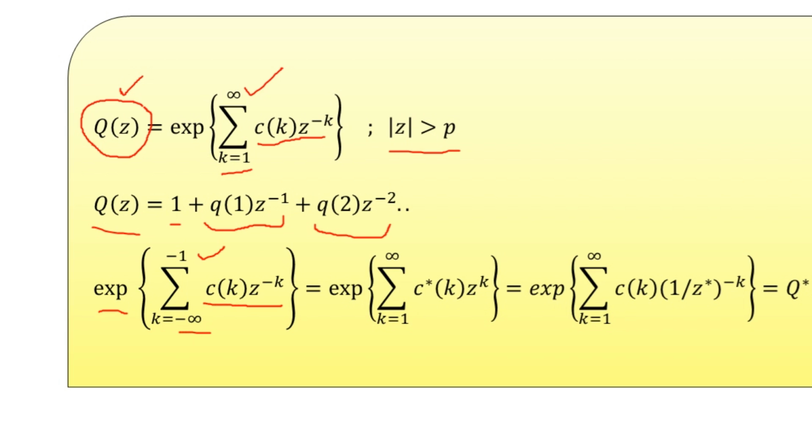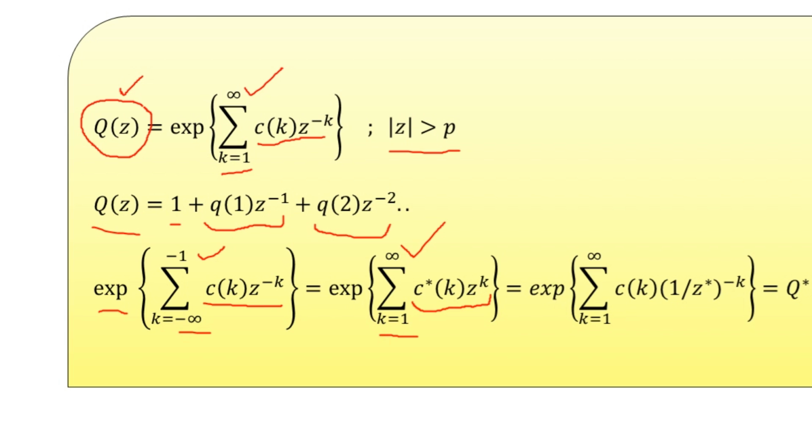This was the component here. Now we switch the order of summation, making k equal to 1 to infinity. In place of c_k z^{-k}, we must write c conjugate k times z^{k}.